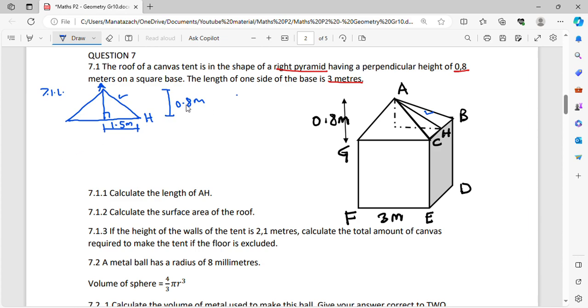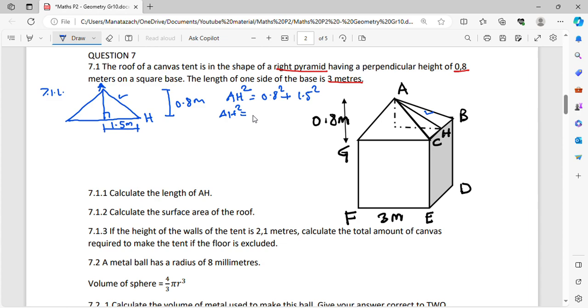AH, okay, let's write here. AH squared is equal to the height squared plus the length 1.5 squared. So AH squared is equal to 0.8 squared plus 1.5 squared.